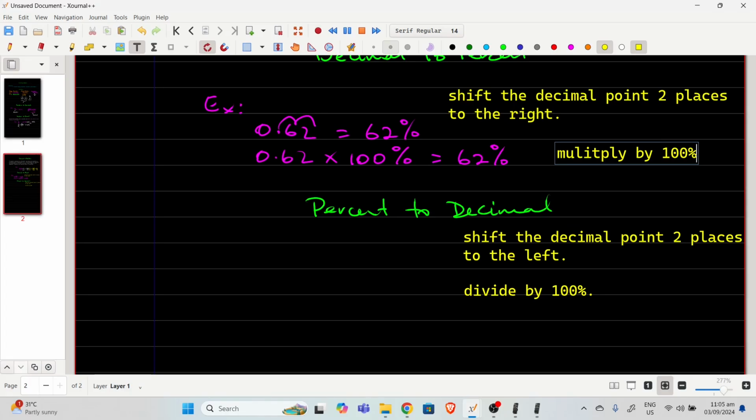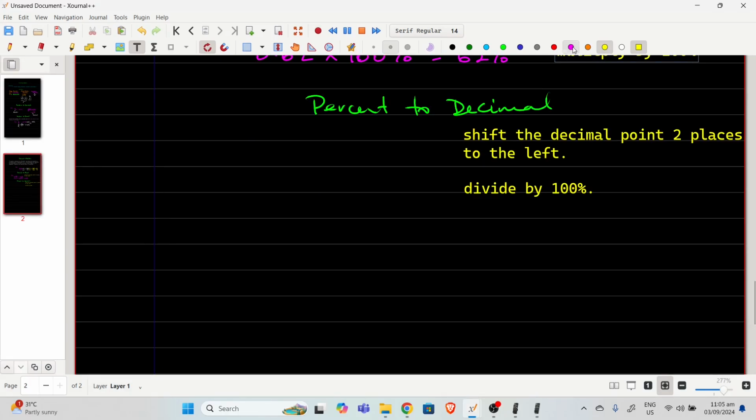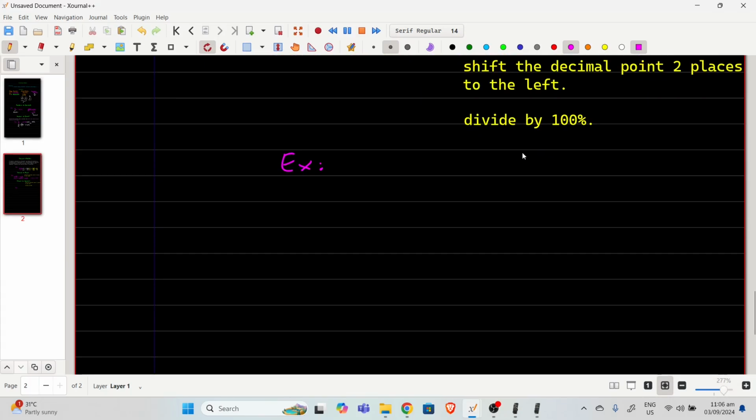All right. So let's go down here and do this example over here. So the example is to go from, let's say, 62%, right? 62% divided by 100%, and this will cancel off with this.